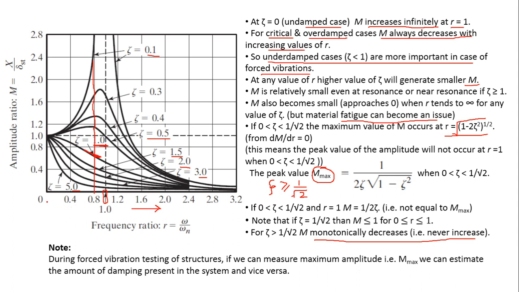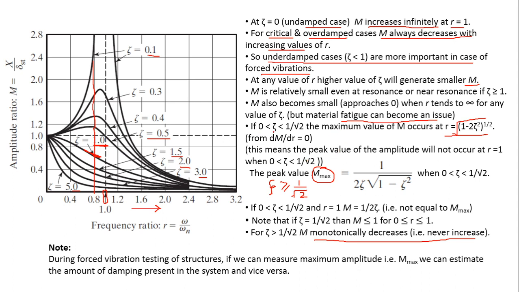As you increase the value of r from 0 to 1, with the value of zeta greater than or equal to 1 upon under root 2, you will not observe any peaks. They will all remain very close to this value of m equals 1, and therefore they are not shown here.